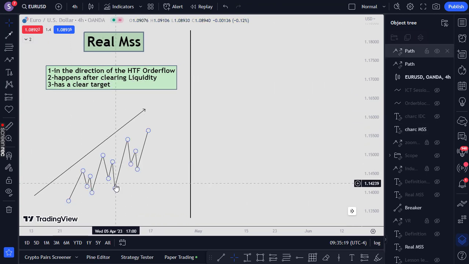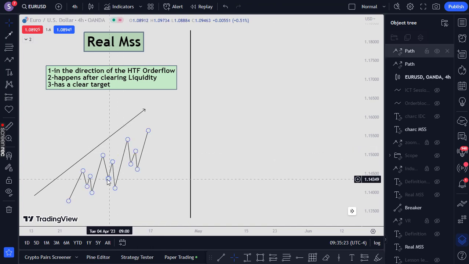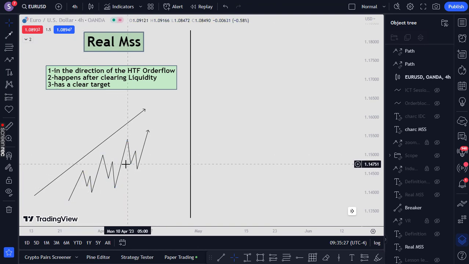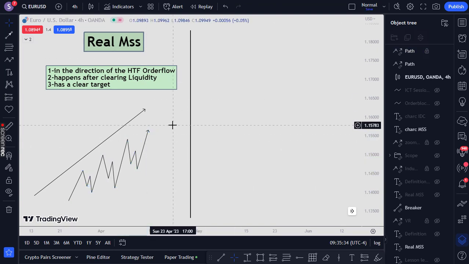You can see that this is a valid displacement right here. It happened after it cleared liquidity from here, and this one cleared liquidity right here. This displacement will likely hold price, because it already took liquidity from this low right here. So price doesn't have to come back all the way to here to take liquidity.